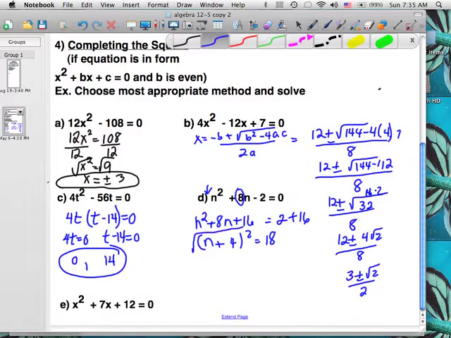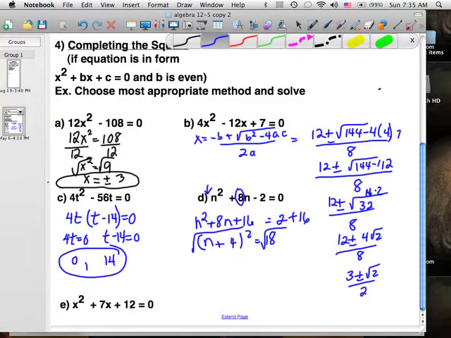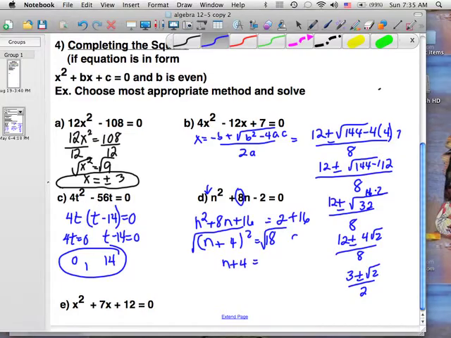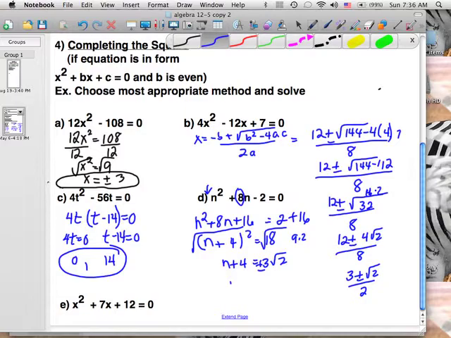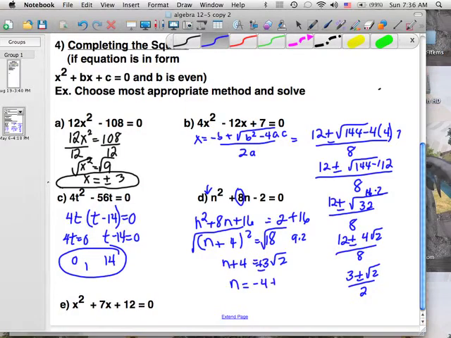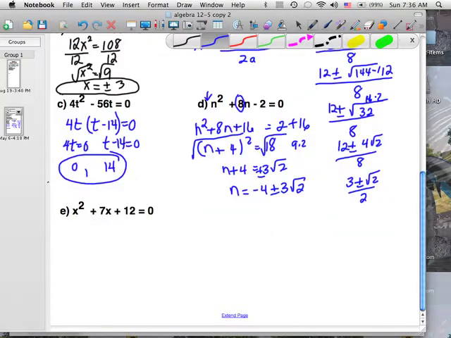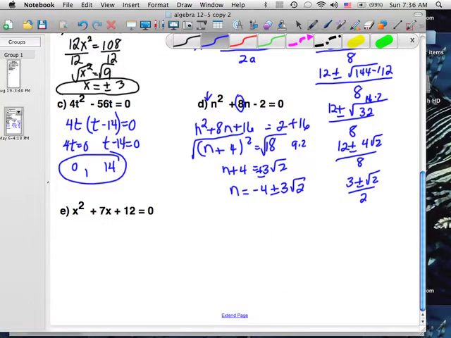Take the square root of both sides. So I get n plus 4 equals, and there's a perfect square of 9 in there, so 3 radical 2 plus or minus. So then subtract 4, n equals negative 4 plus or minus 3 radical 2. And then if I needed to round to the nearest tenth, I could work that out in my calculator.